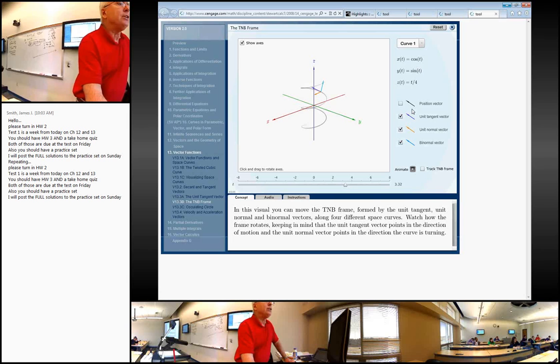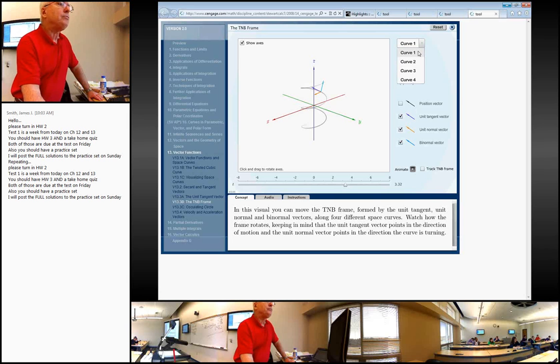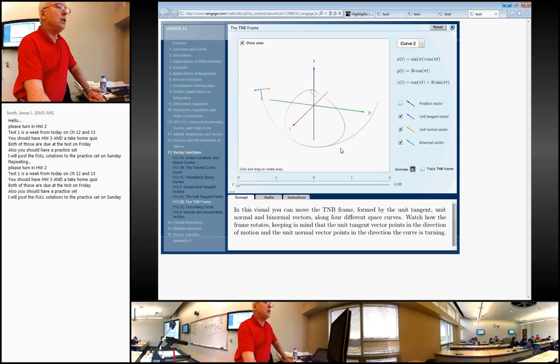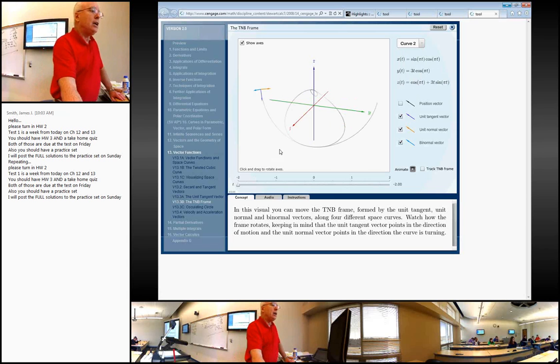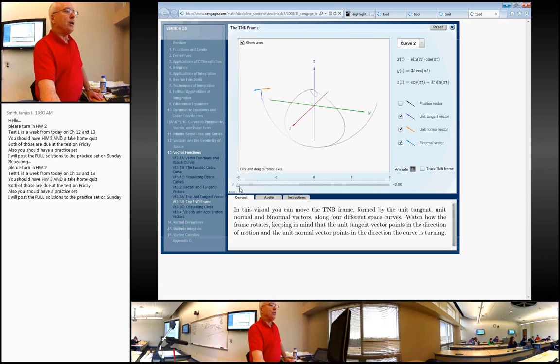So let's just look at another curve here. Curve number 2. Okay, here's a wilder curve. So we have a sine cosine, we have a t times the cosine, we have a cosine plus t times the sine. So you know these space curves can get crazy. So here we are right here. The purple is our unit tangent vector, and we start moving this along.